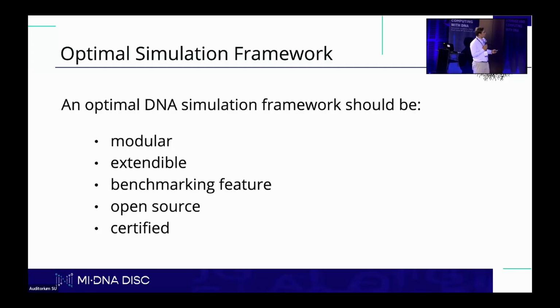And it also should have some kind of certification. So the results of the simulation should satisfy some criteria which allow you to state with a certain certainty that the results are trustworthy and are accepted by the community.